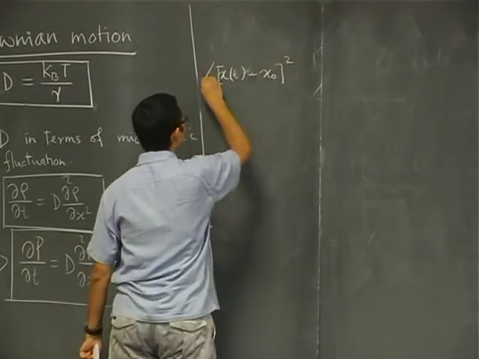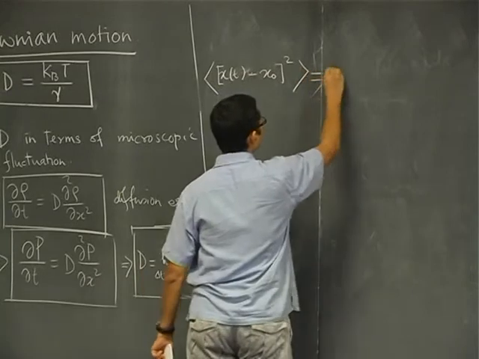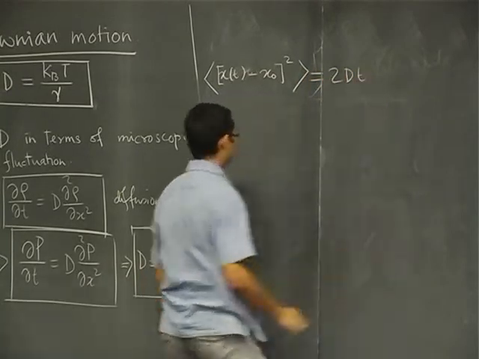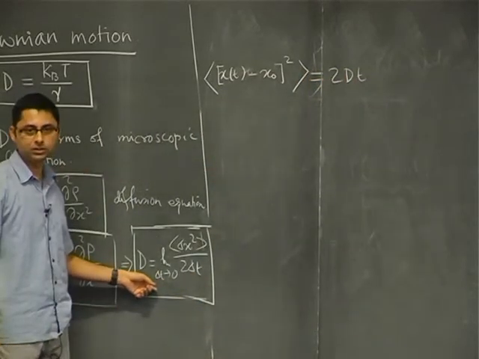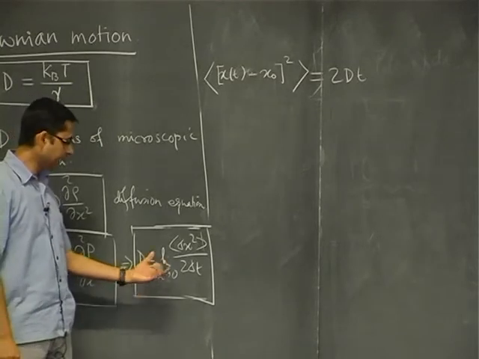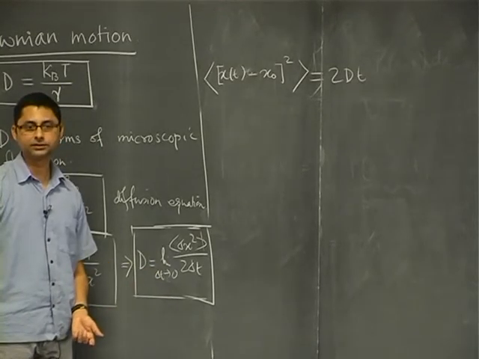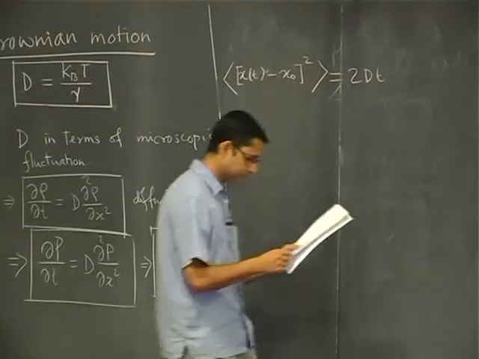So using this equation and the fact that delta x at different times are uncorrelated, this is equal to that.